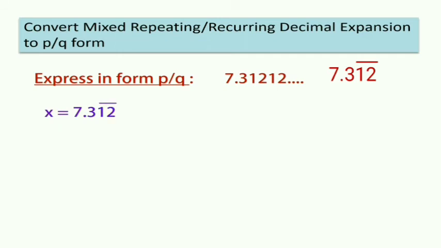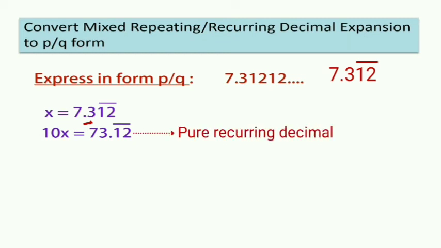First, we need to change it to pure recurring. Here we see one single digit after the decimal point is non-repeated. Then all the following digits are repeated. So multiply by 10 on both sides. We get 10x equal to 73.12 bar. So this is the pure recurring decimal.